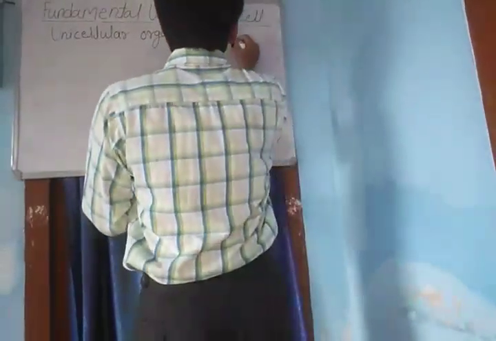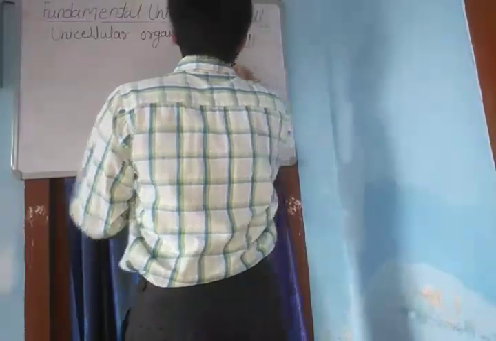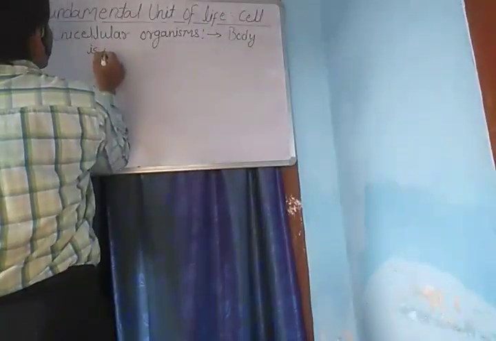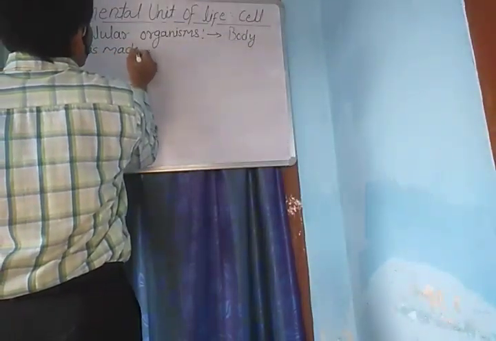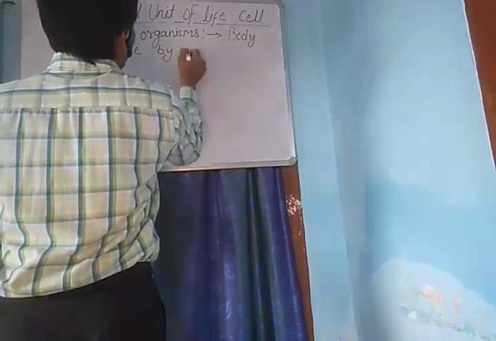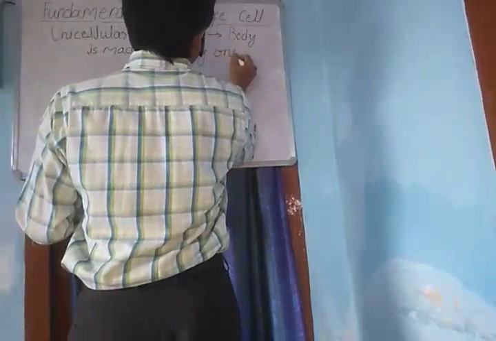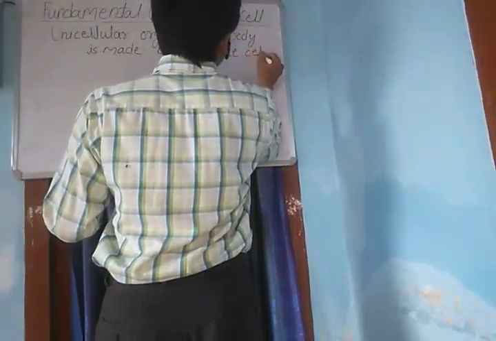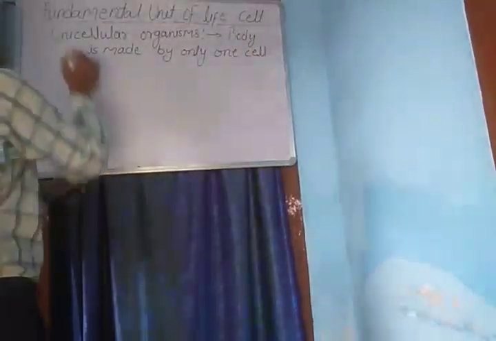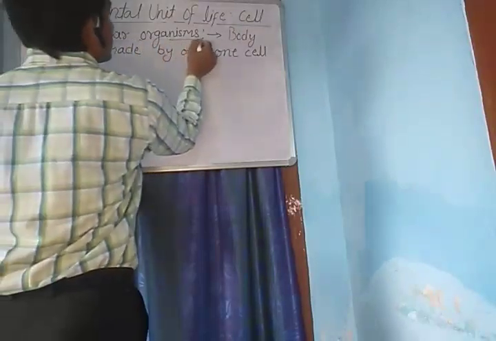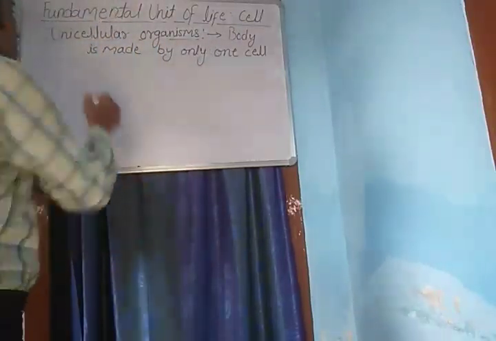Body is made by only one cell, known as unicellular organism.